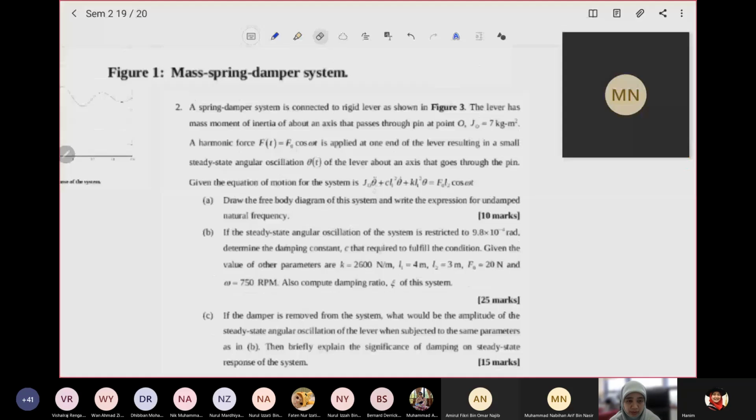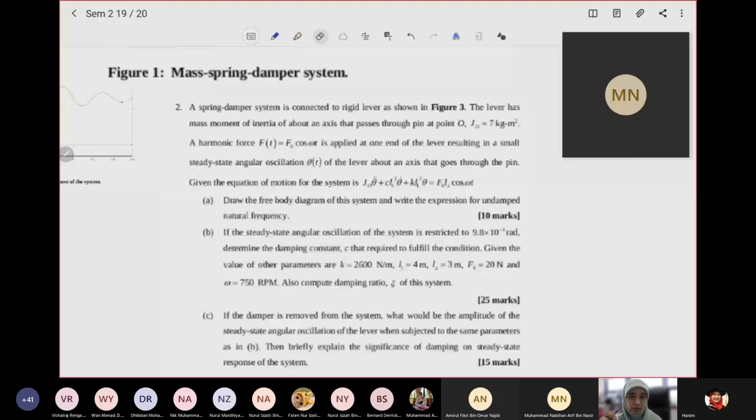So when you actually derive, you just need to get the values of your J naught and so on. And here they also give you J naught straight. Remember, please check the notes in the video as well. We already derived different types of J naught.